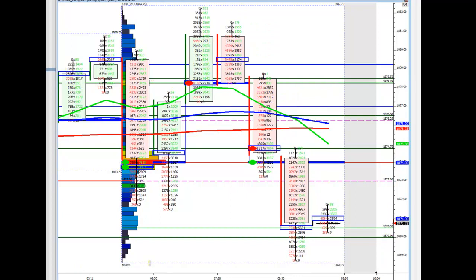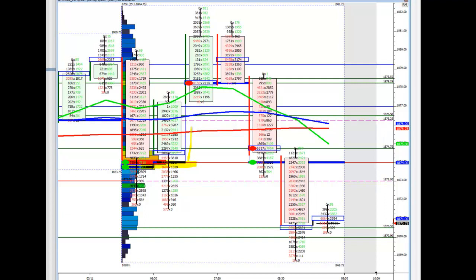Now, I've added one more element that we didn't have, that I wanted to introduce in this lesson. Another helpful element that comes as part of our profile tool is the developing point of control. First of all, early on, this is where my point of control was.